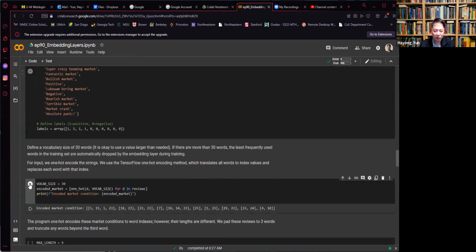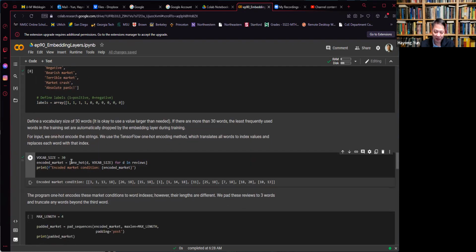Okay. So the vocabulary size of 30, encoded market, one-hot of vocabulary size of the review. Basically it converted the 30 words into these. This is the TensorFlow one-hot encoding method.